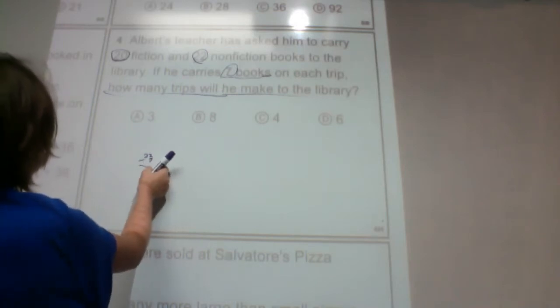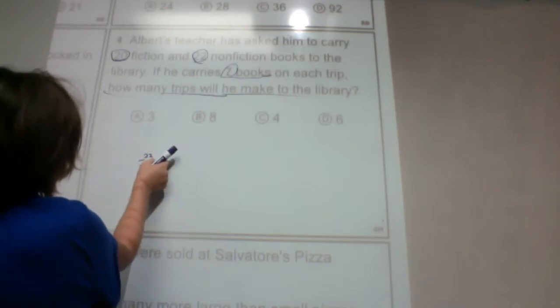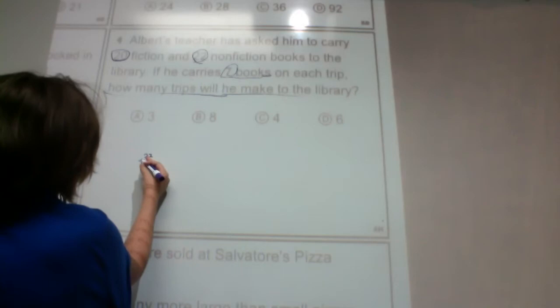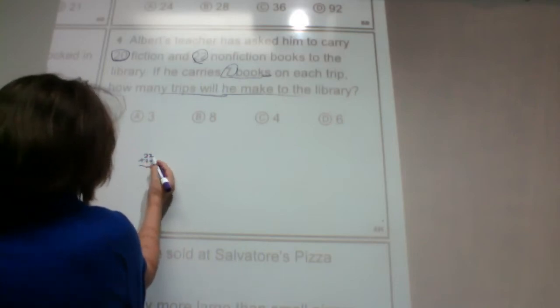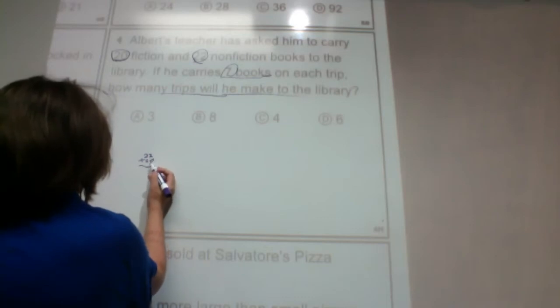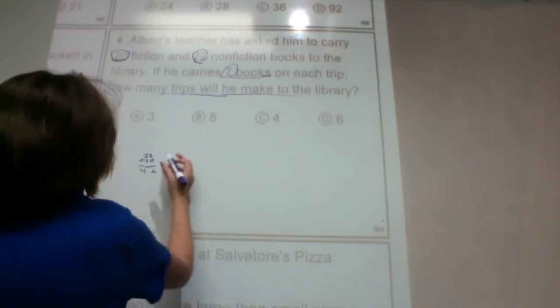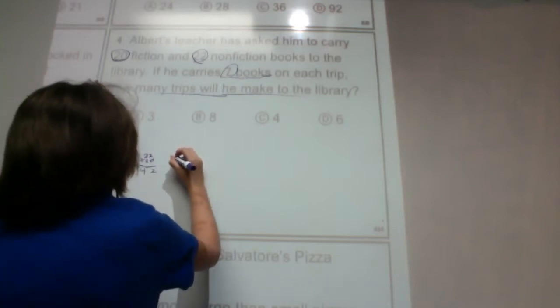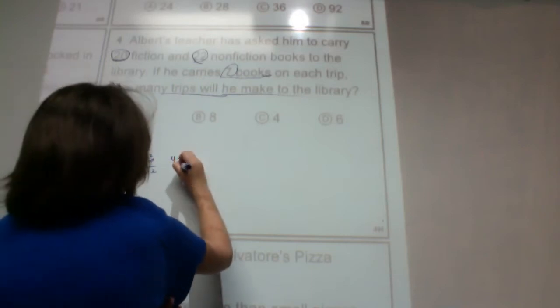Justin? Add 22 and 20. That'll tell us how many books that he's got to carry, right? Yes. Okay. So what's 22 plus 20? 42. Good.